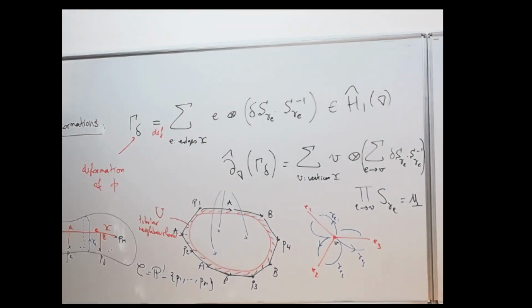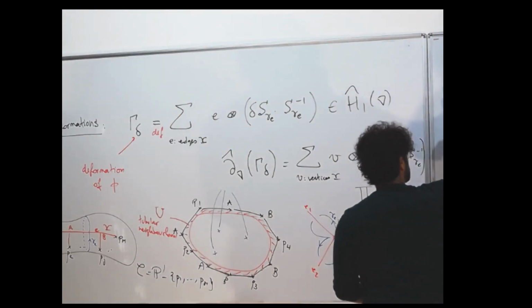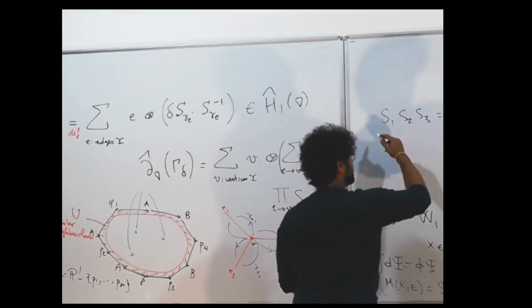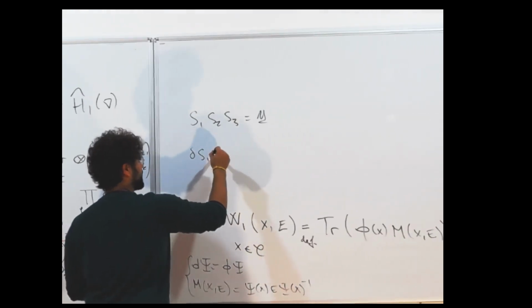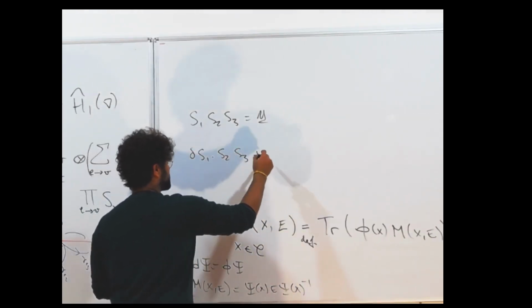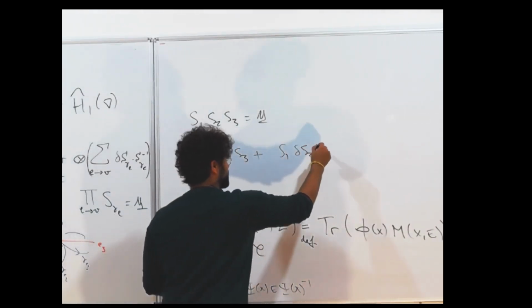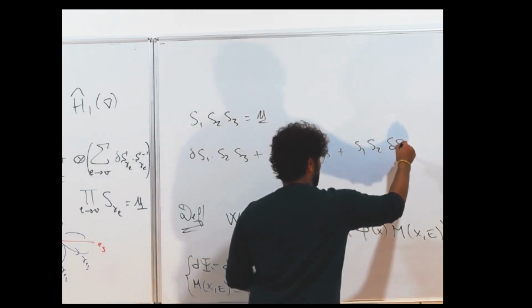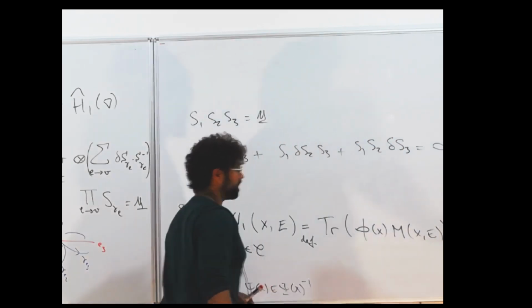So, okay, we had S1, S2, S3 equals 1. If you deform this, you get delta S1, S2, S3 plus S1, delta S2, S3 plus S1, S2, delta S3 equals 0.